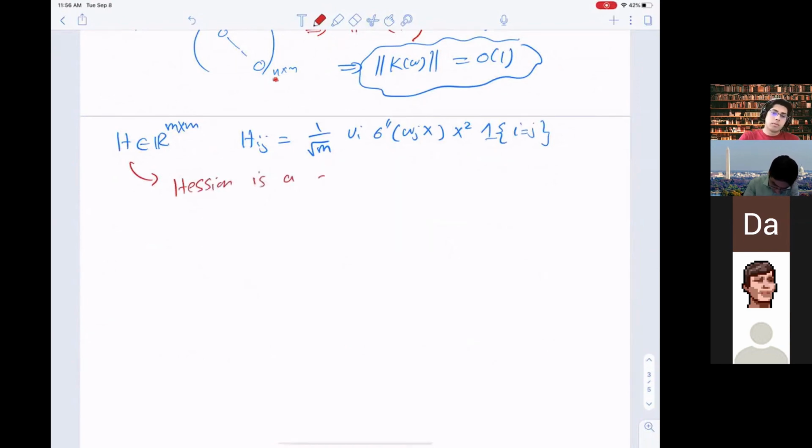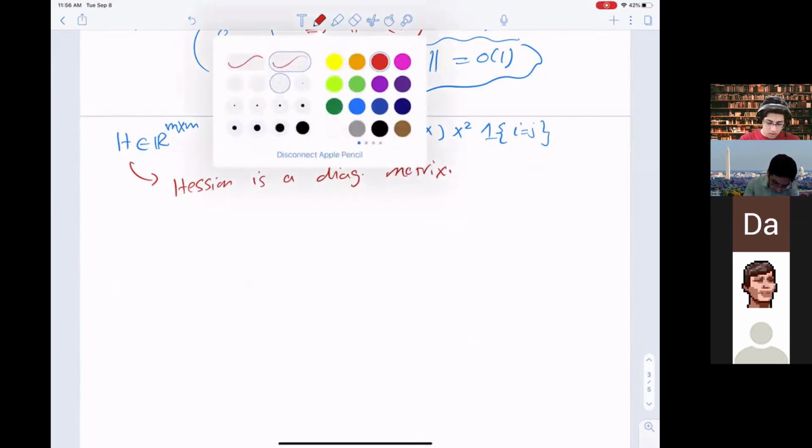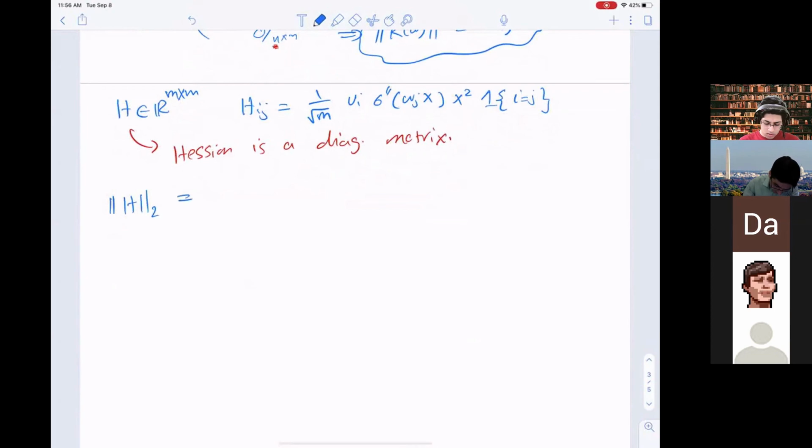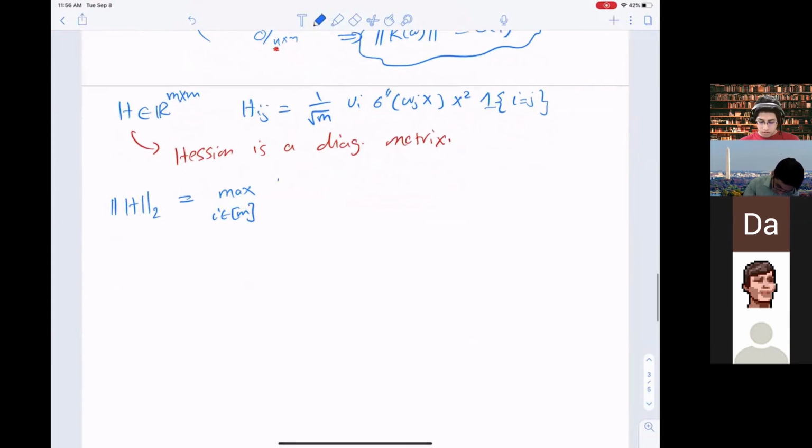So the Hessian is a diagonal matrix. It is even simpler because in a diagonal matrix, the elements on the diagonal are the eigenvalues. So if I look at the spectral norm of my Hessian, which is the maximum eigenvalue of my Hessian, I can just look at the maximum of my diagonal elements, H_ii.